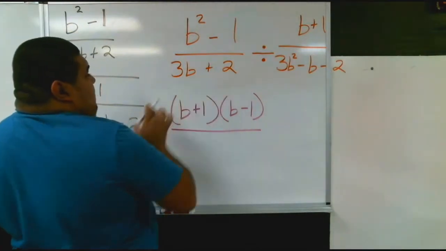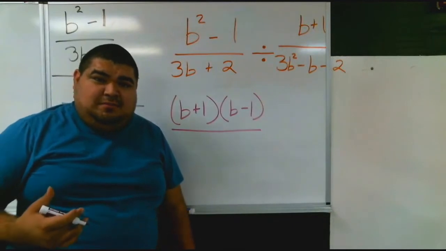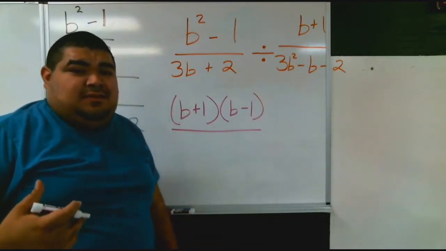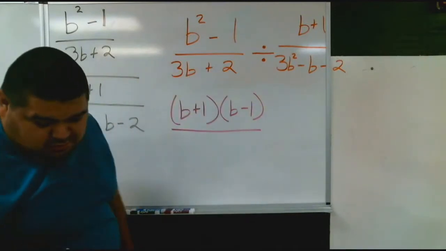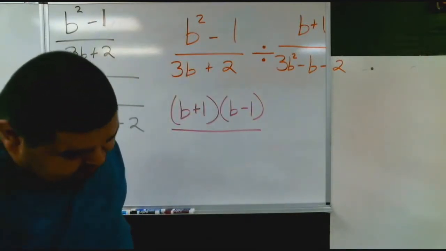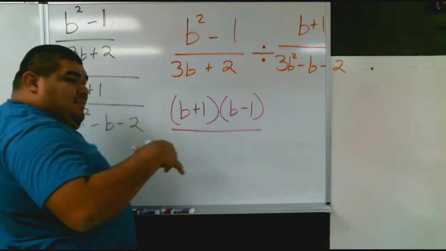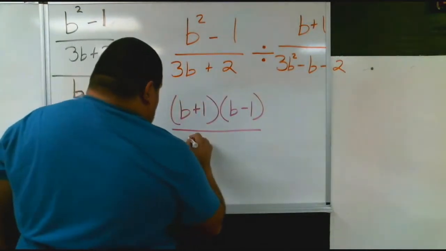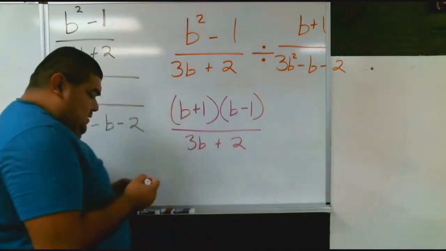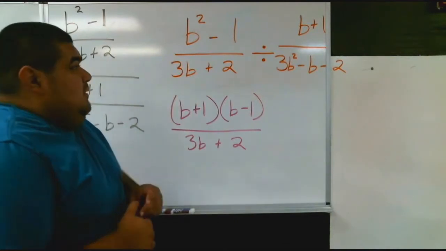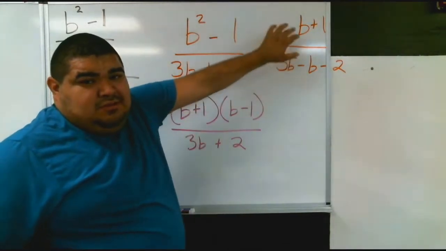notice how we have something on the bottom. If you look at this expression on the bottom, do we have anything in common? 3b plus 2. Since there's nothing in common, we're going to leave it as it is. I'm going to write it as 3b plus 2. Now we're going to try to break down the others.